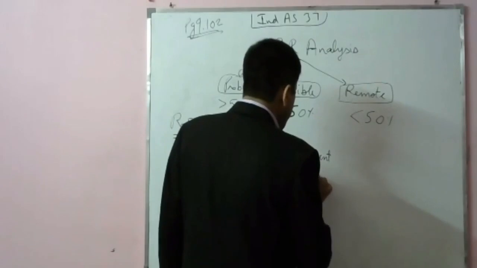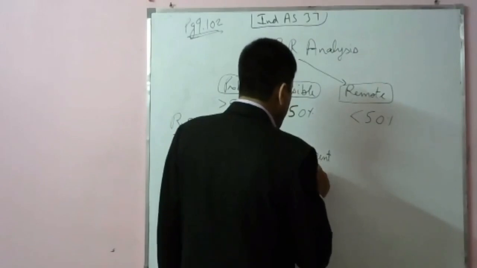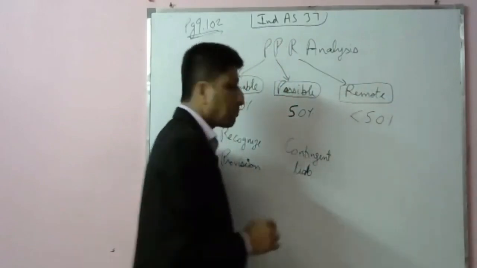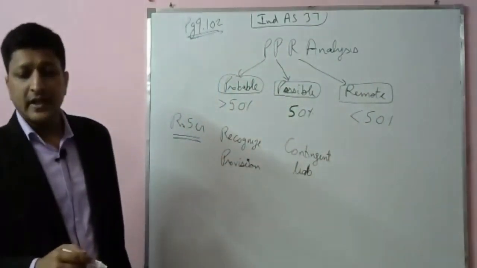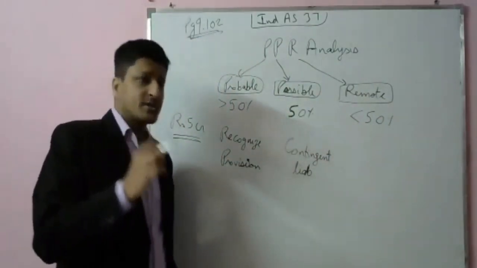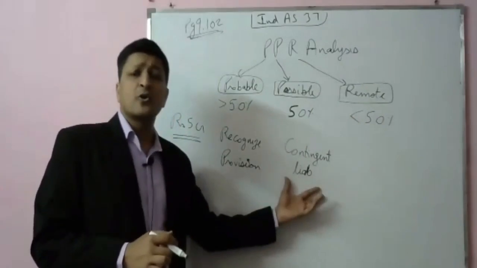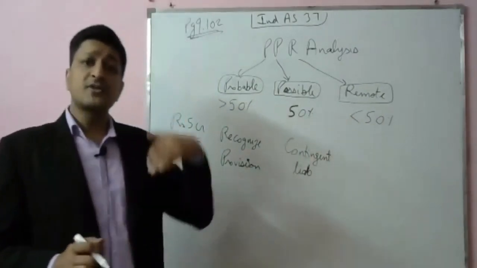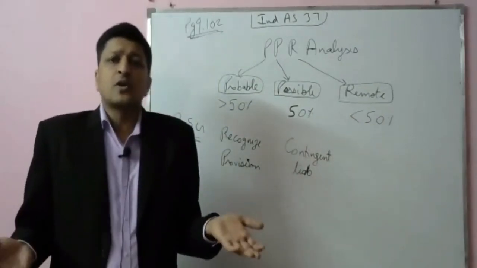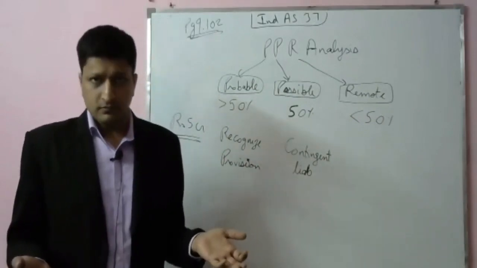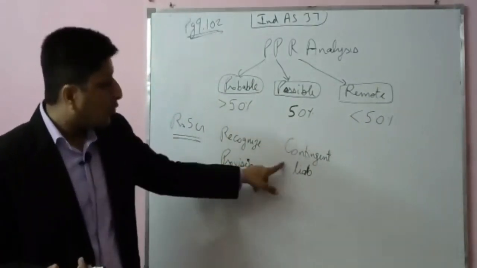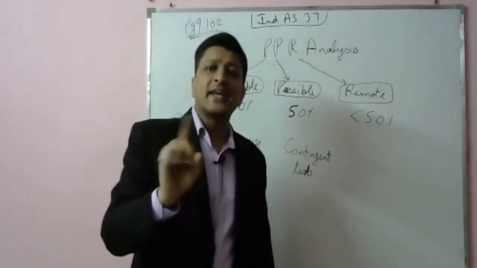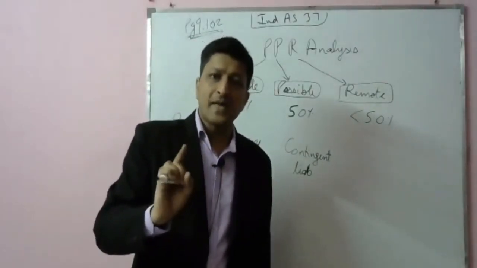Or you can say that will be nothing but a contingent liability. That will be called a contingent liability. So this is something which we call a contingent liability, which is contingent in nature, whose outcome is not known. And a contingent liability is not recognized. It's not measured.